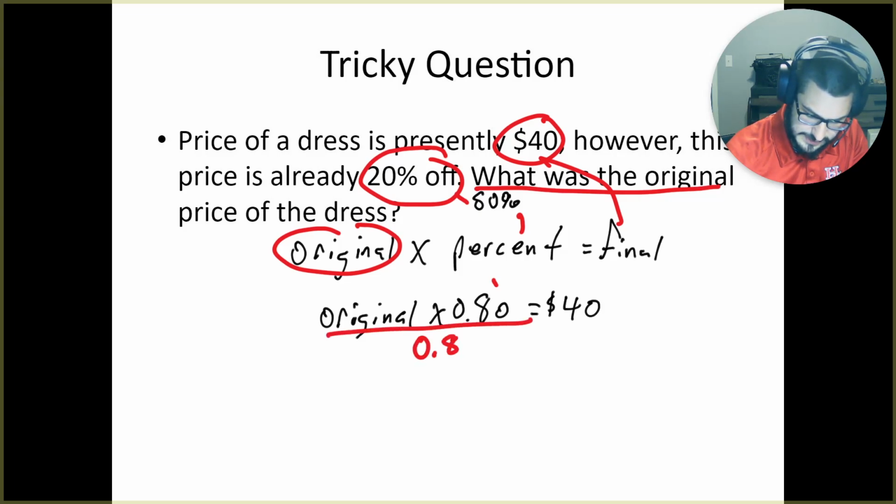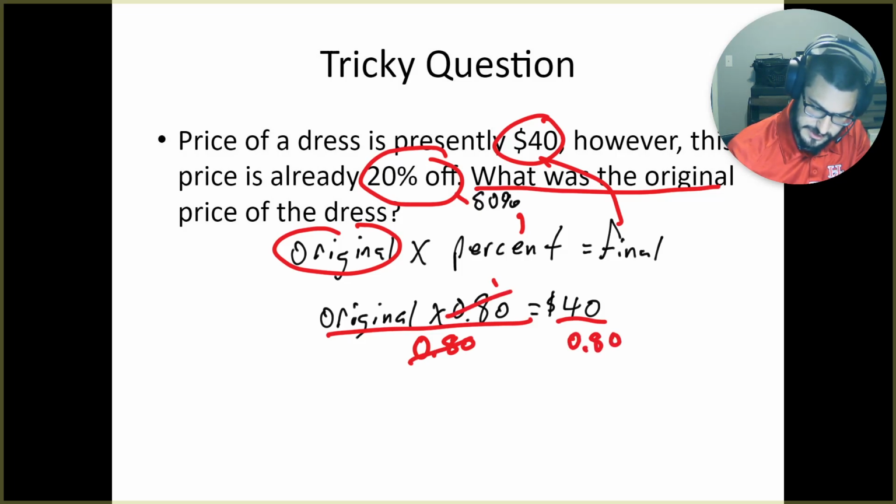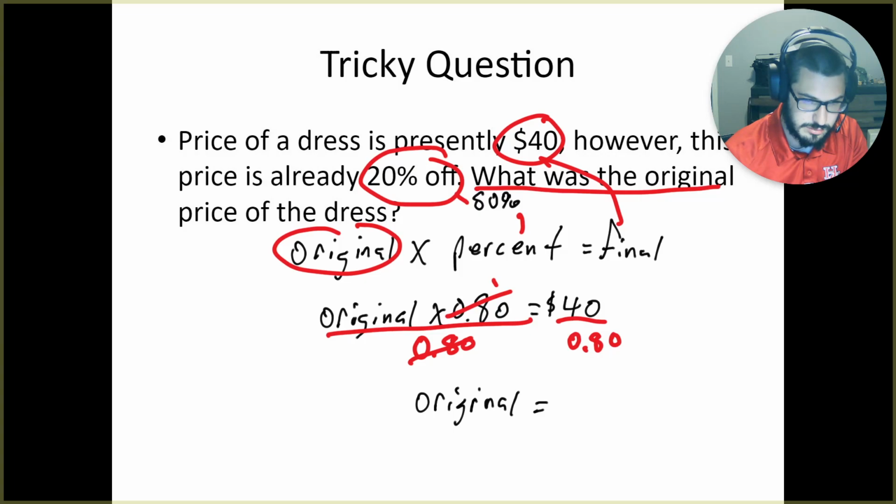So 0.80 divided by 0.80 cancels on the left, so my original price is going to be $50.